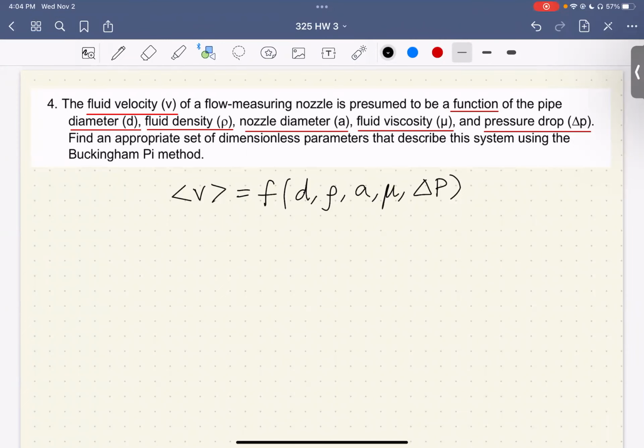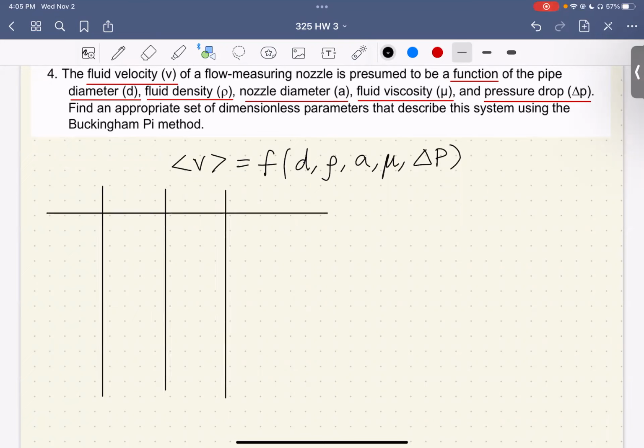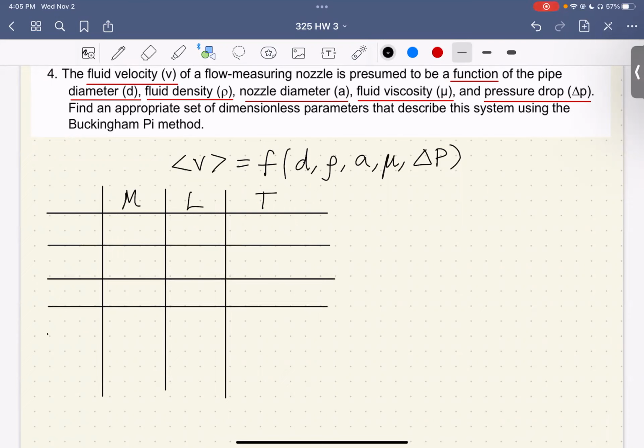So as I talked about in quiz section, an easy way to do this is to just create a table. So we're going to create a table with our dimensions. So we have M, L, and T. And now we have 6 variables, it looks like. So we're going to draw 5 lines, 3, 4, and 5.